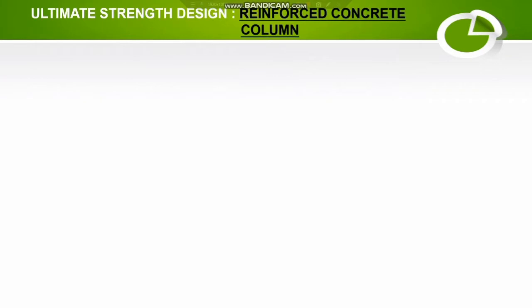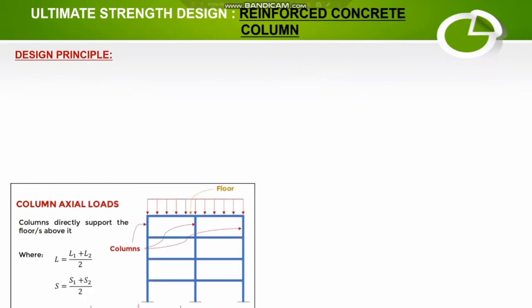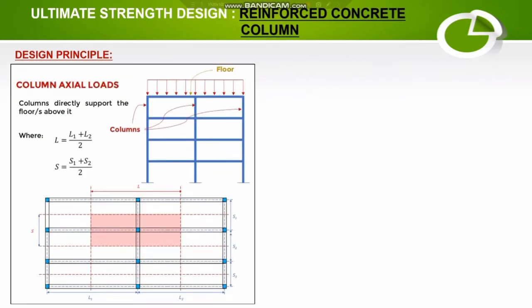So, the ultimate strength design of a reinforced concrete column. Design principle. As discussed previously, the vertical main member of a structural frame is called columns. This member, which is pointed by a red arrow, is what we call the column.